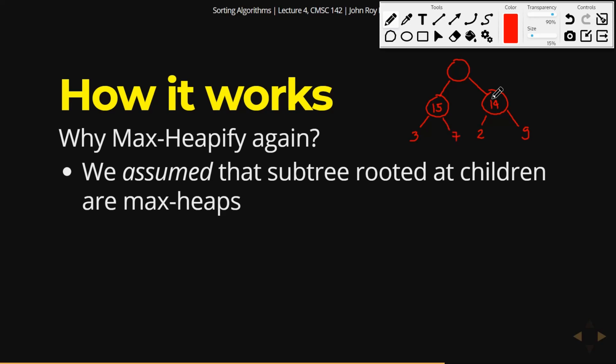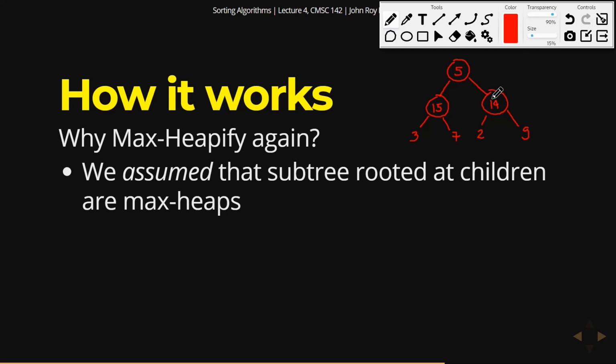These two are already max heaps, right? 15, 3 and 7, 15 is the max; 14, 2, 9, 14 is the max. But how about if we put a 5 here?